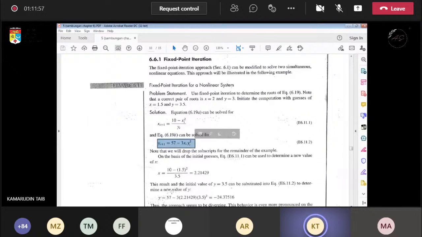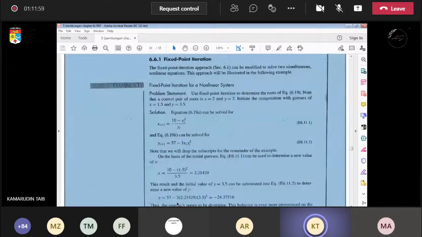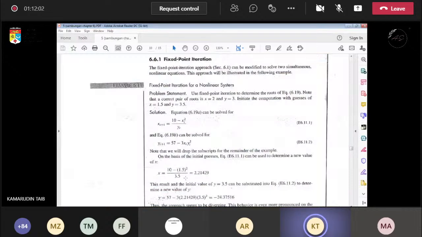So you get 57 minus 3 times the x value. Use the latest one we got from the calculation. Don't use the old number, otherwise the convergence will be slow.